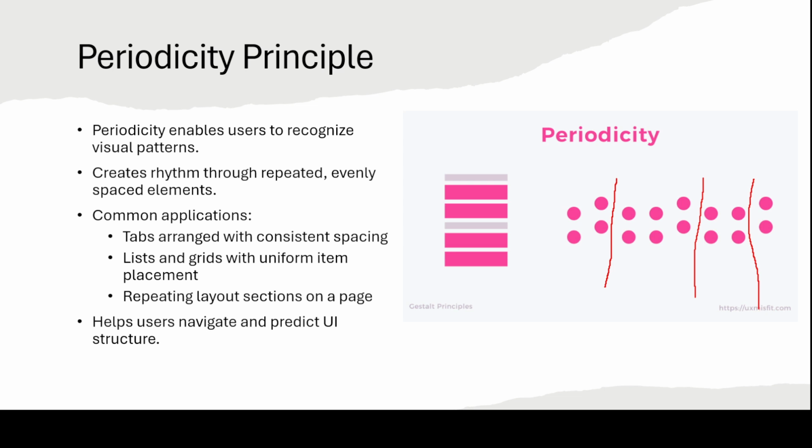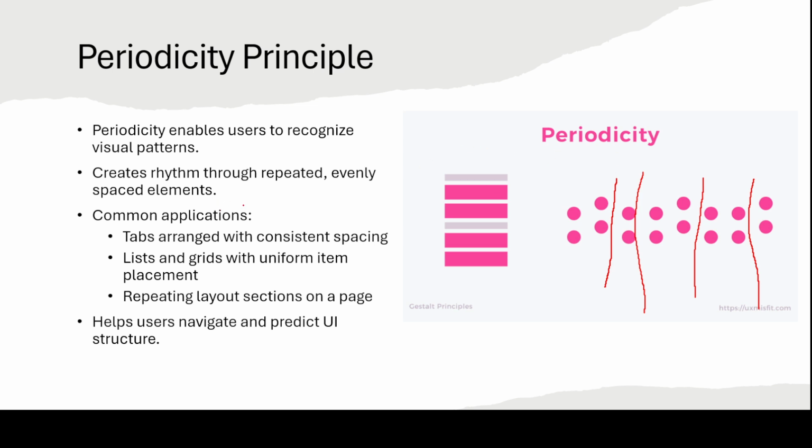There are things that can be repeated. So you can see that the two elements over here are being repeated here, here, and the four elements are being repeated here, here, and here. So this is the principle of periodicity.